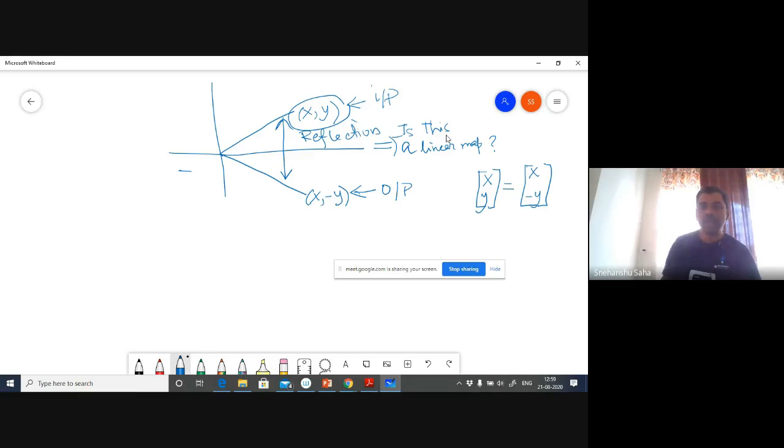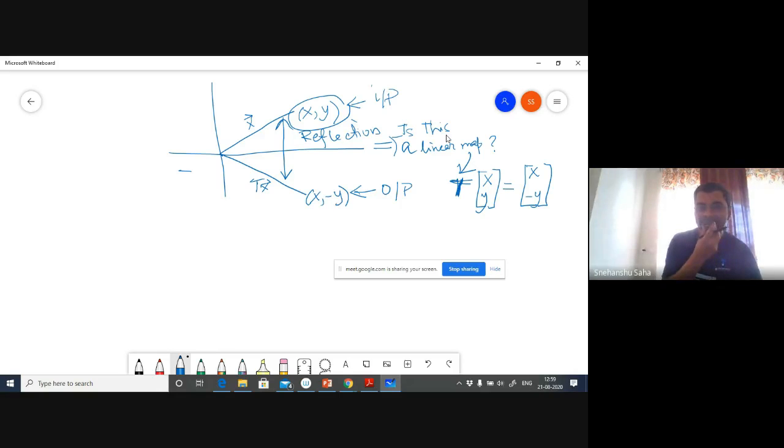Of course, you cannot just transform an (x, y) column vector to an (x, -y) column vector by black magic. You need some linear map, right? Using the same notation as before, capital T is a linear map. Let's call this vector x, and what I end up getting is T of x.